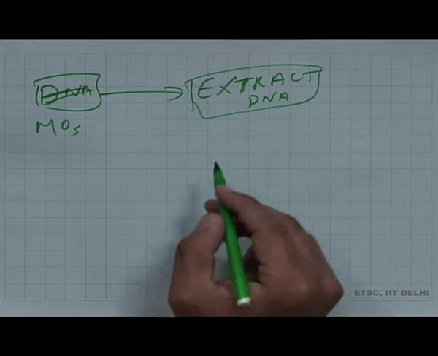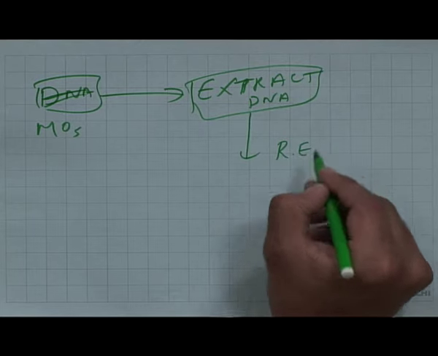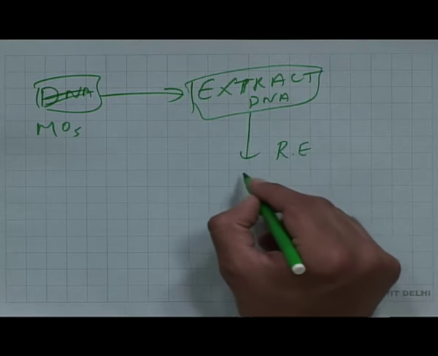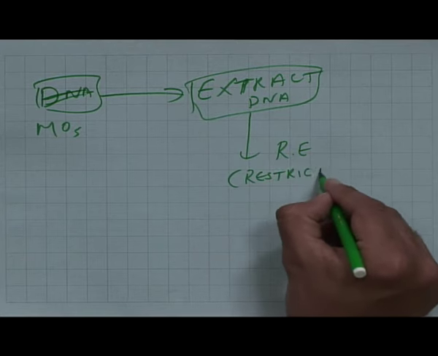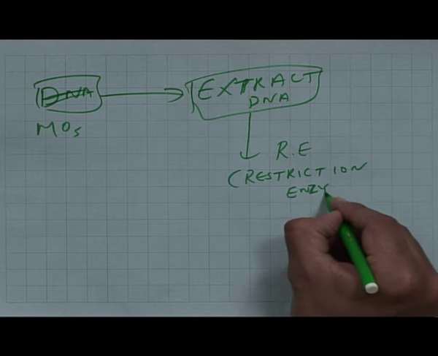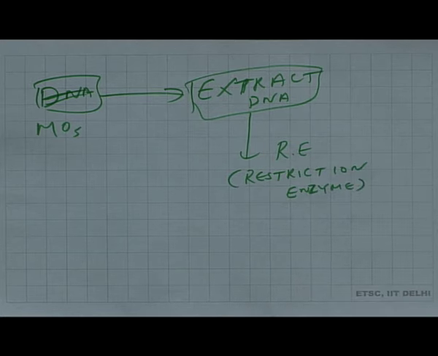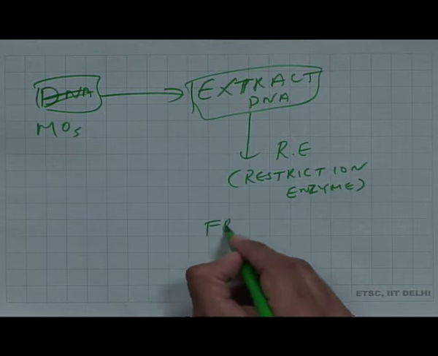Once you have extracted the DNA, you do restriction enzyme digestion, RE, okay. You do the restriction enzyme. So, that means your DNA is now fragmented. What you have is fragmented DNA.